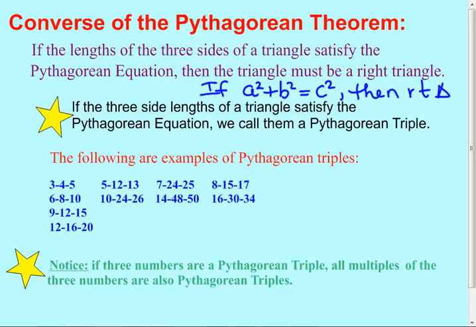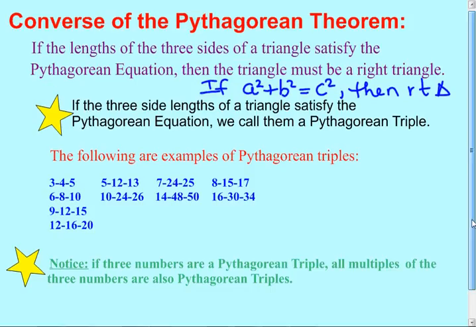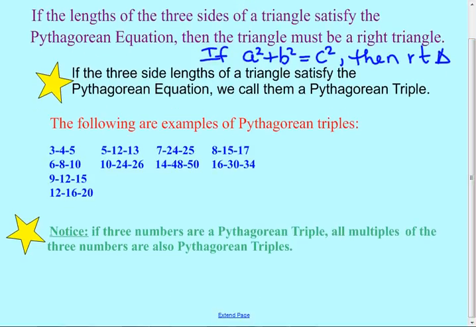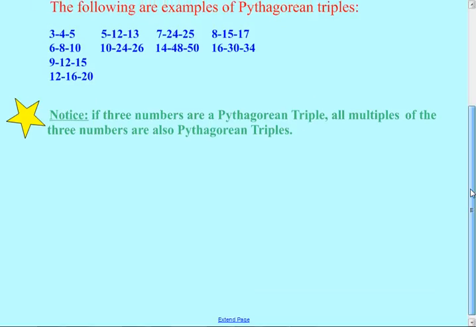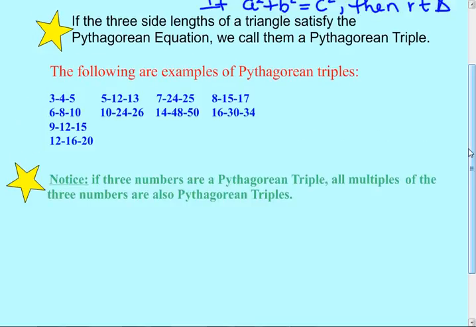Today, if I take any triangle and use the Pythagorean theorem, and I get a true statement that the square of the two shorter sides added together equals the square of the longest side, then I have a right triangle.